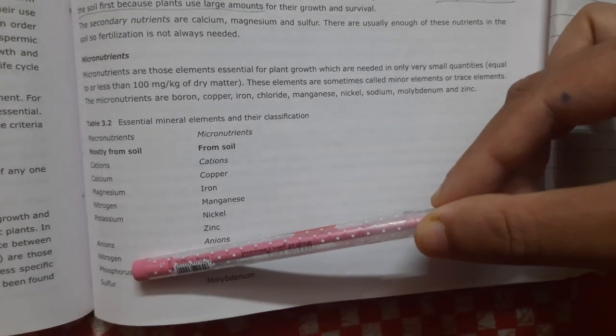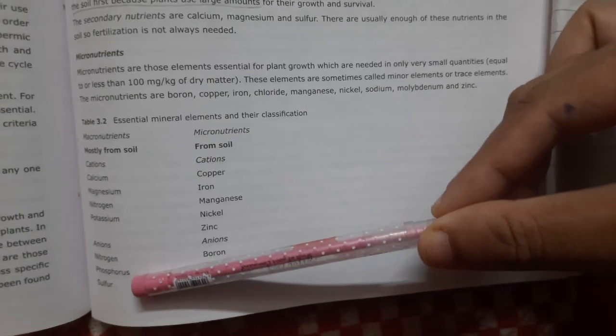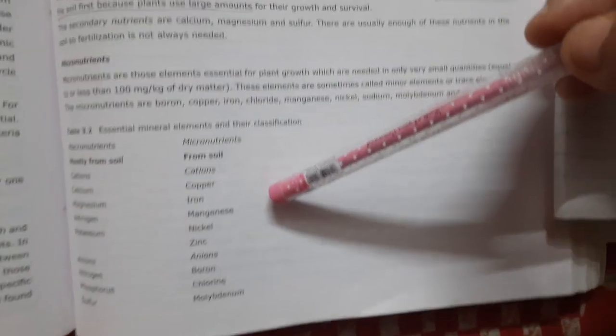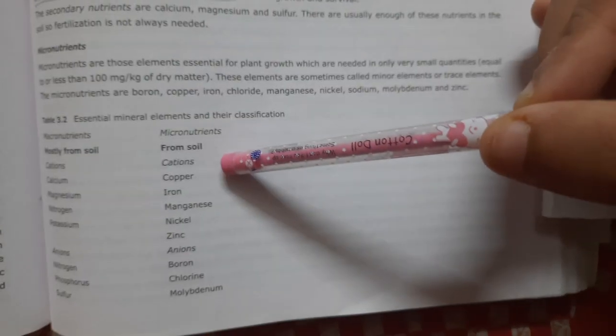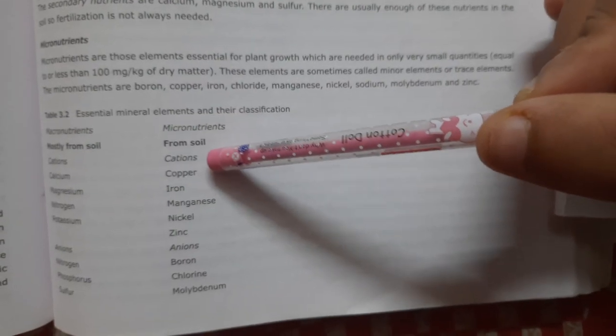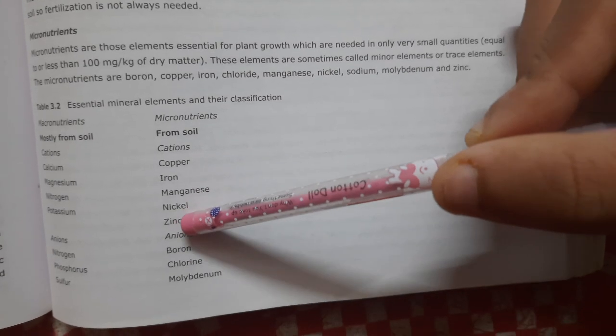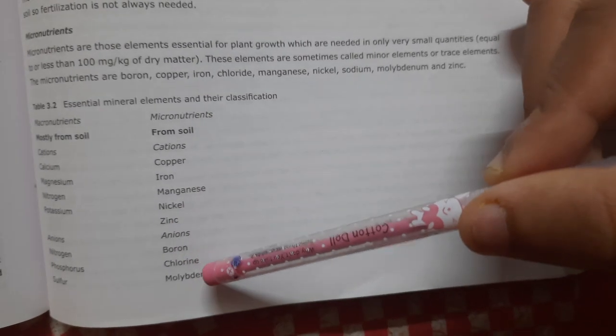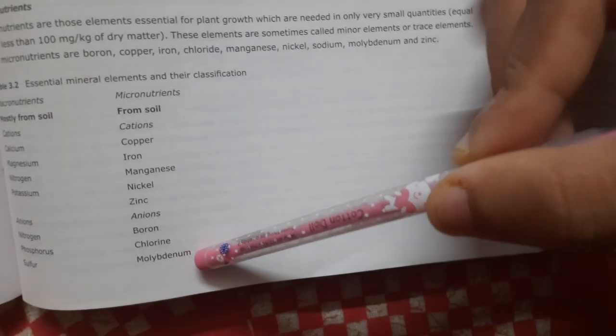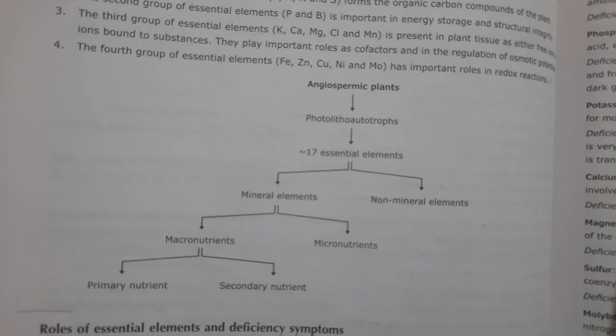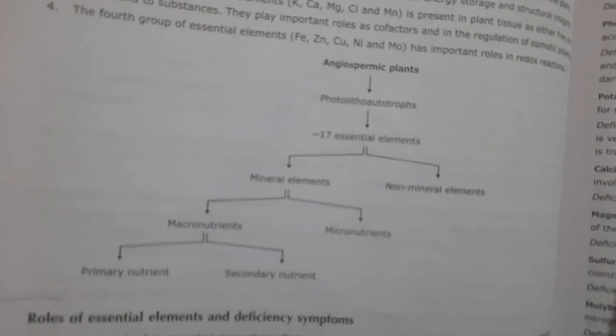Along with nitrogen, the anions are phosphorus and sulfur. In case of micronutrients, they are also absorbed from soil. These include copper, iron, manganese, nickel, zinc, boron, chloride, and molybdenum. So this is a quick overview of the classification.